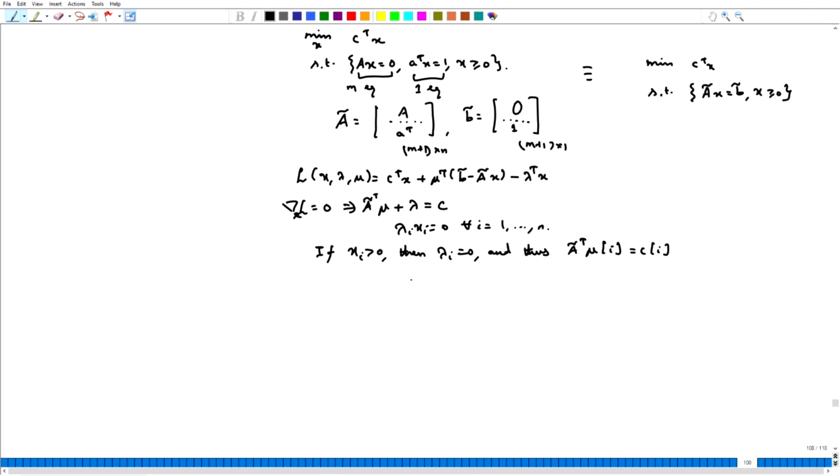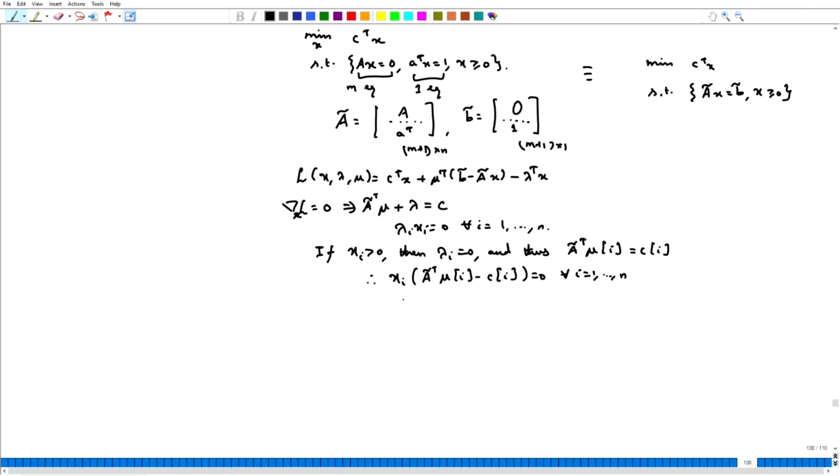So, this tells us that x I into A tilde transpose mu of I minus C of I equal to 0. Because if x I is greater than 0, this is 0. If x I is 0, anyway the product is 0. So, this is true for all I equal to 1 to n.